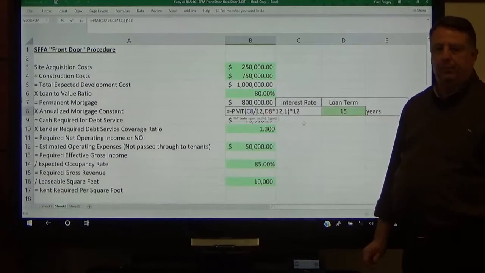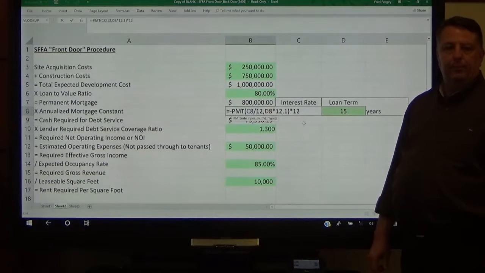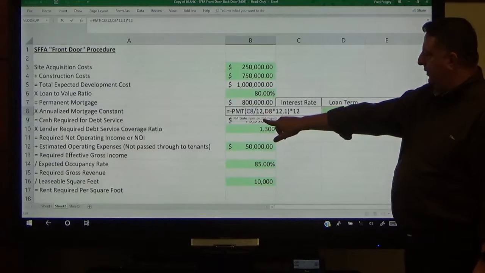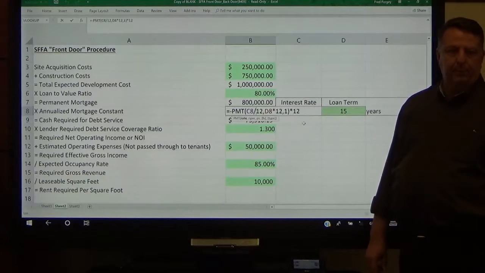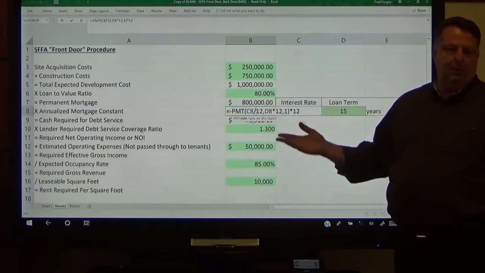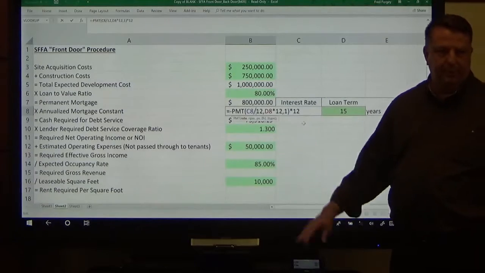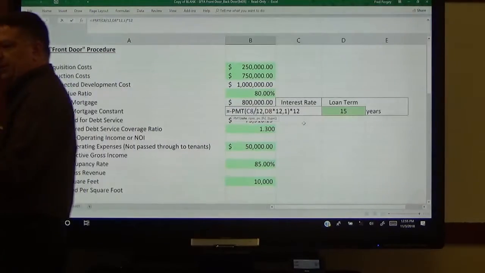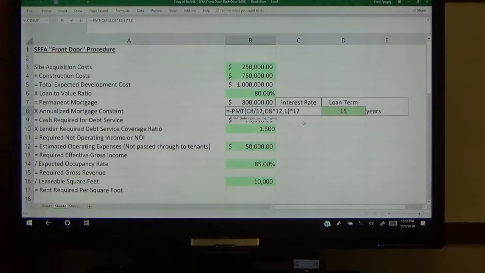The future value is optional, the type is optional, because many times your future value is going to be 0, and the type is almost always going to be end of the period. Okay, somebody had a question? All right, let's move forward.